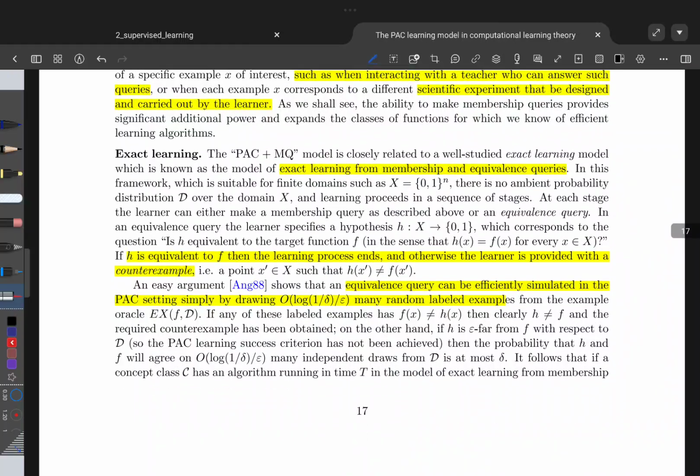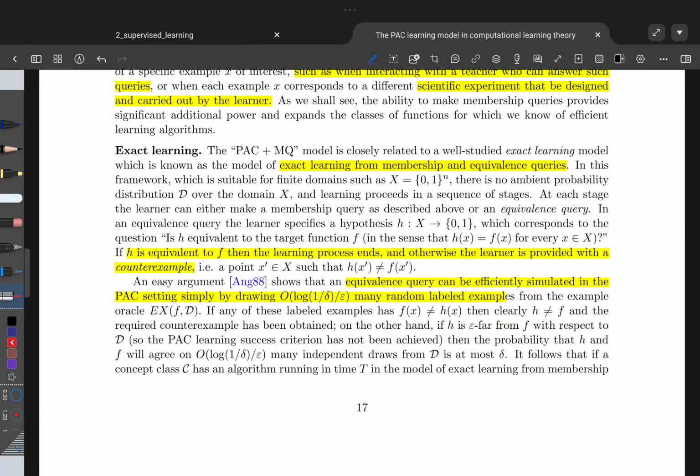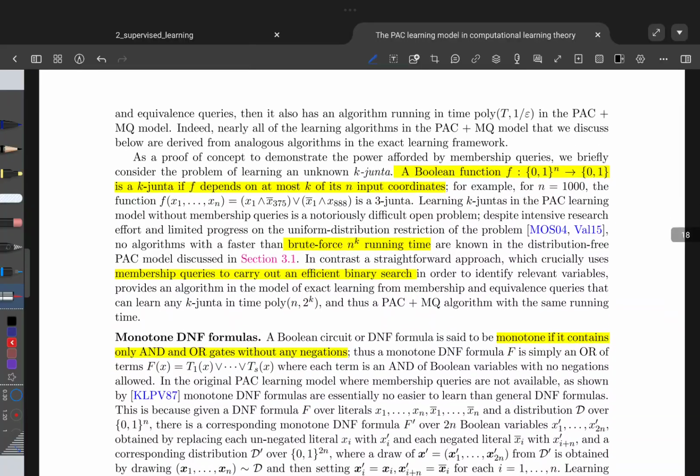All right. And there are various other such query models that are also studied. A lot of results are known as to what functions can be learnt efficiently and what kind of functions can't be learnt efficiently in this particular model.